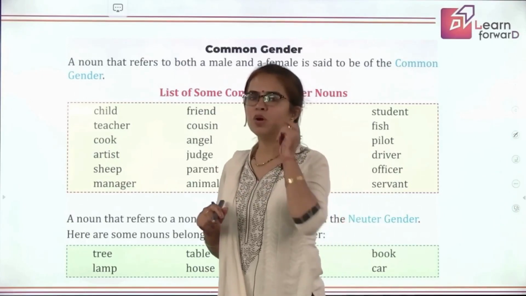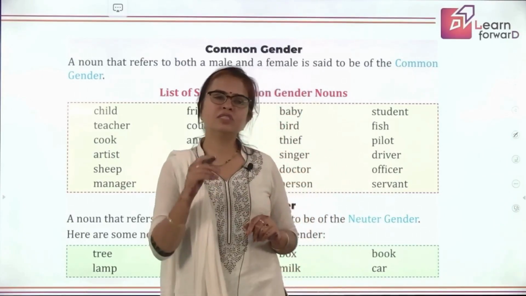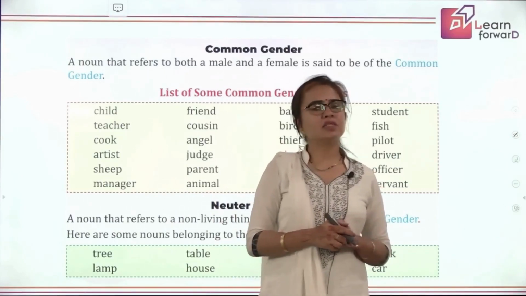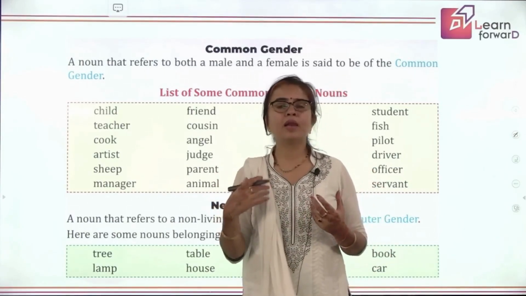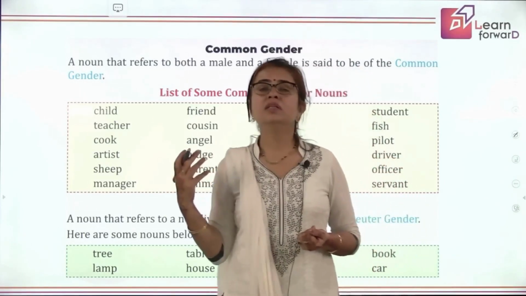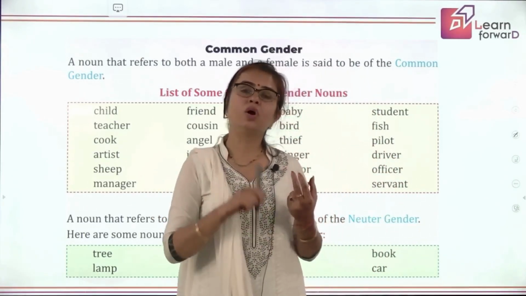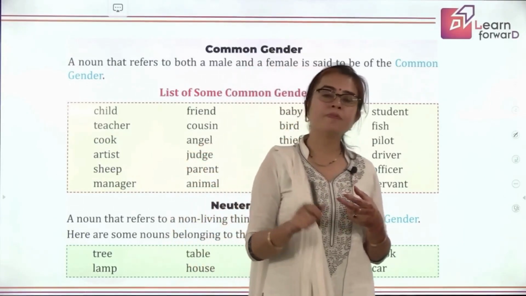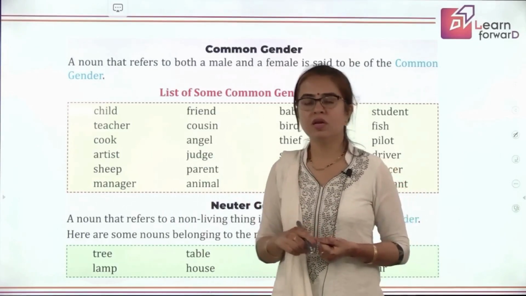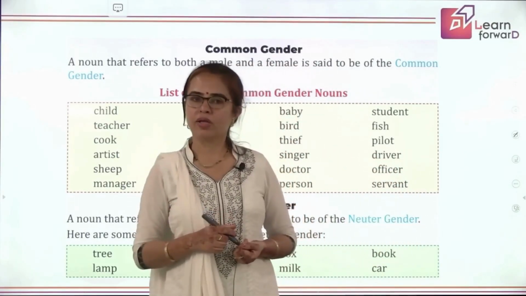Like, if you are going to a doctor, you simply say, I'm going to visit a doctor today, I'm not well. But is it like a doctor can be a male only? When I go to a doctor, the doctor can be a male doctor, the doctor can be a female doctor also, but we never specify which doctor. We just say I'm going to a doctor, I'm going to consult a lawyer, right?